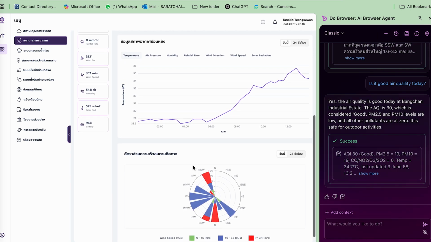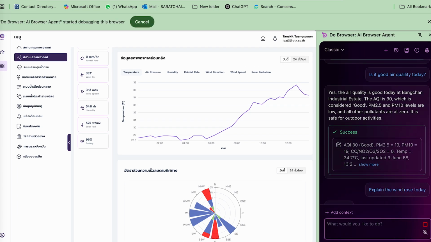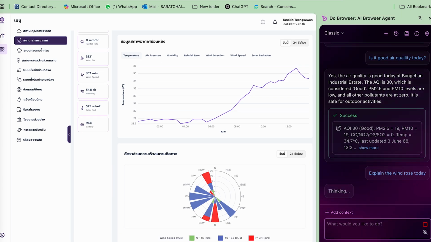And next one is about the wind speed and the wind direction. And for this one I tried to make a fancy graph. Actually, this is not fancy. It's called a wind rose. But my client said, I don't understand a wind rose. So let's just ask AI.